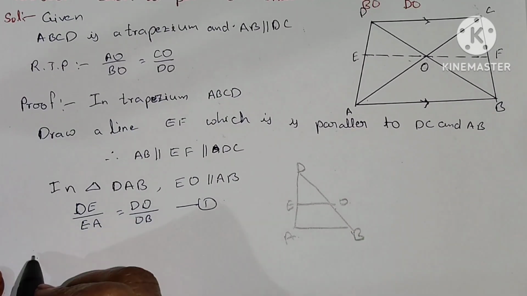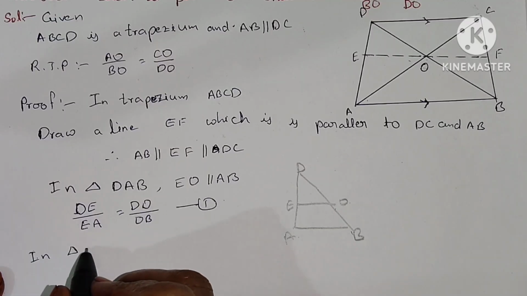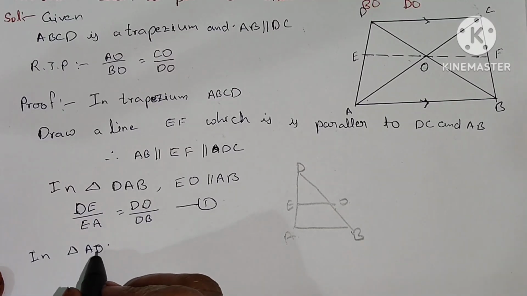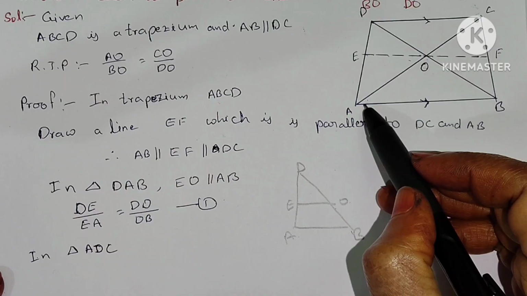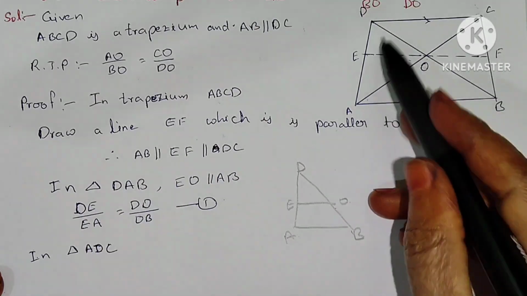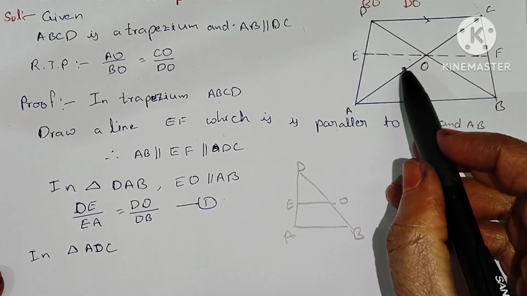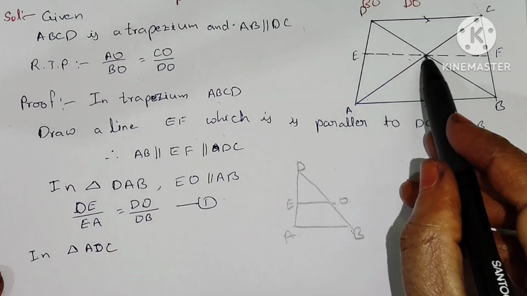Next we take the another triangle, triangle ADC. Here DC and EO are parallel.